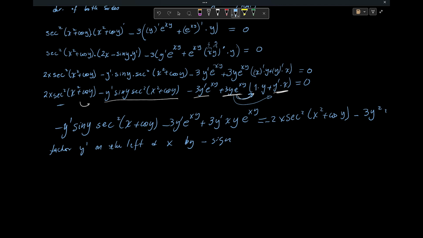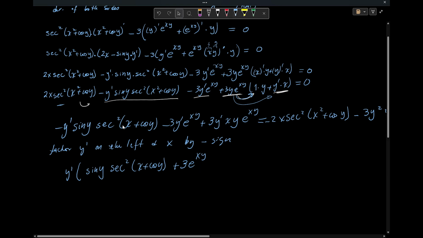So when I do so, I will have y prime times sine y secant squared x plus cosine y plus 3e to the xy. Remember, I multiplied everything by minus. So this becomes a plus, this becomes a plus, this becomes a minus, this becomes a plus, and that becomes a plus. Okay?